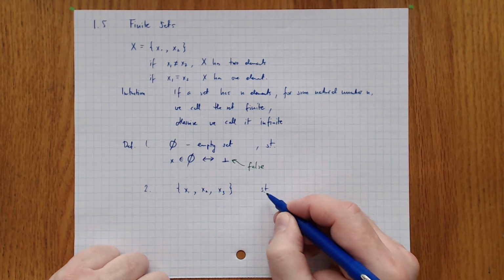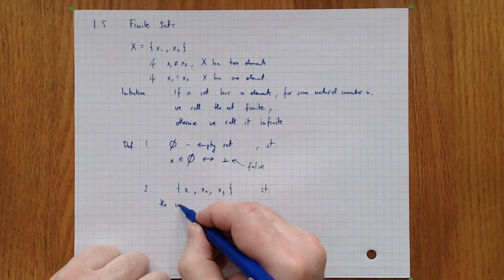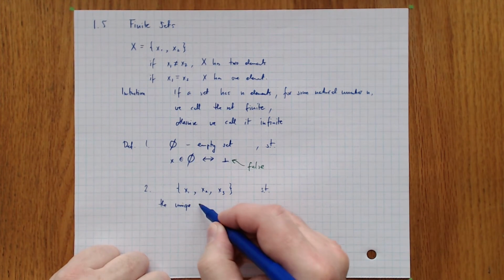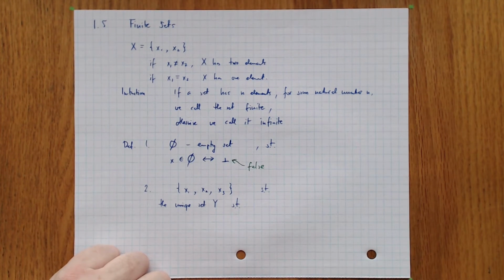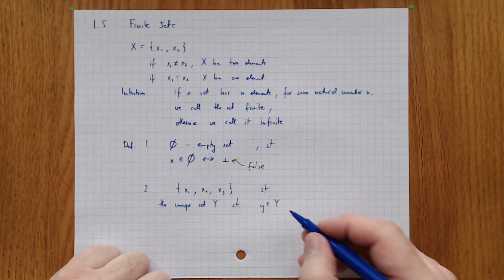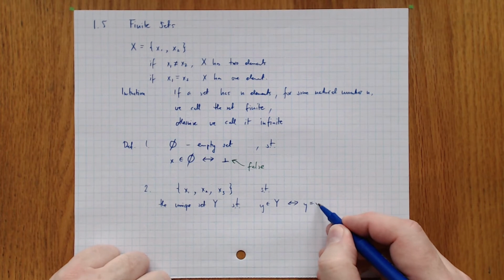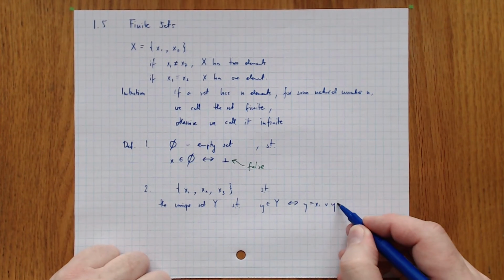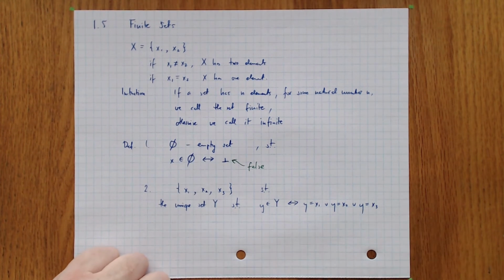This is defined as the unique set Y, such that y is a member of capital Y if and only if y equals x1, or y equals x2, or y equals x3.